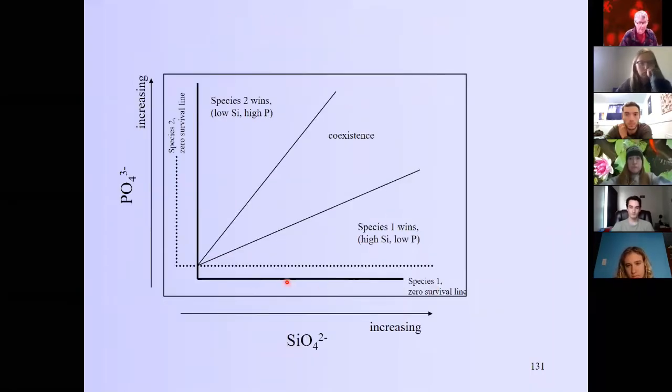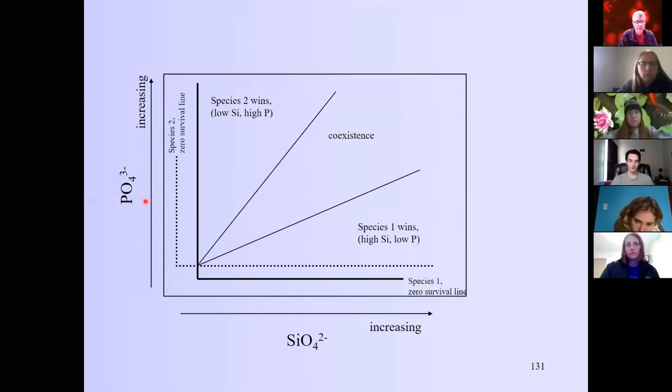So if we have the concentration of silicate increasing on the x-axis, and on the y-axis we have the concentration of phosphate increasing. And there are what they call zero growth isoclines. If there's some level of silicate that's too low, species two is not going to be able to survive below that concentration, for example.